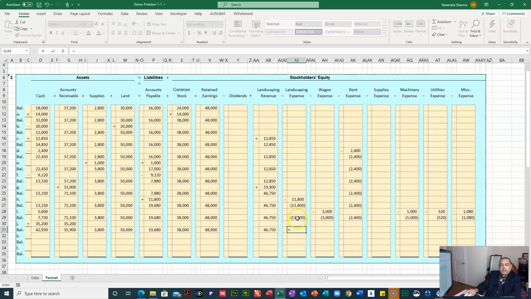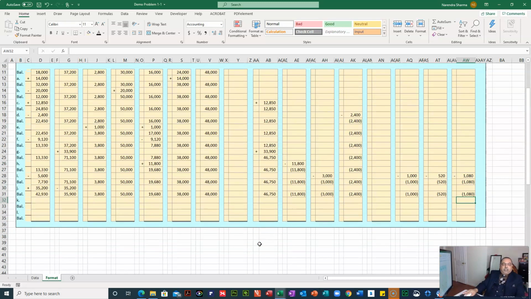Landscape expense is the same, minus 11,800, and wages expense minus 3,000. Rent expense minus 2,400. Machinery minus 1,000. Utilities minus 520, miscellaneous minus 1,080. Okay, so that is your J item.